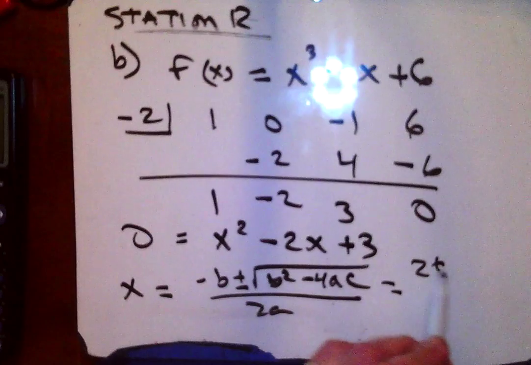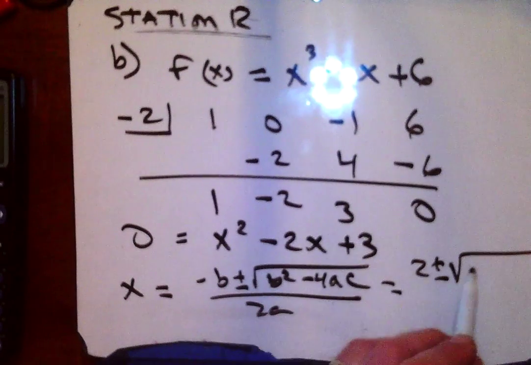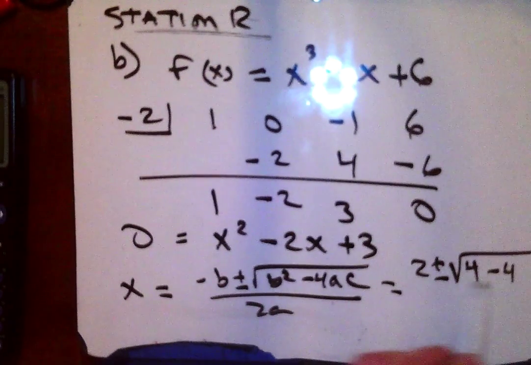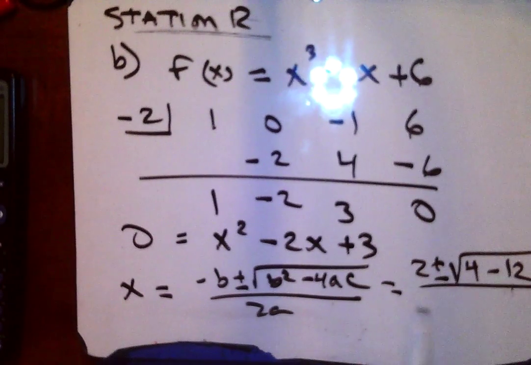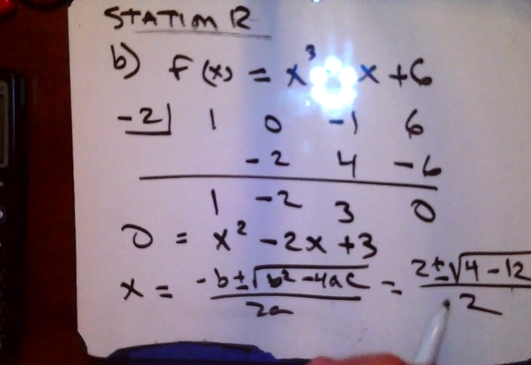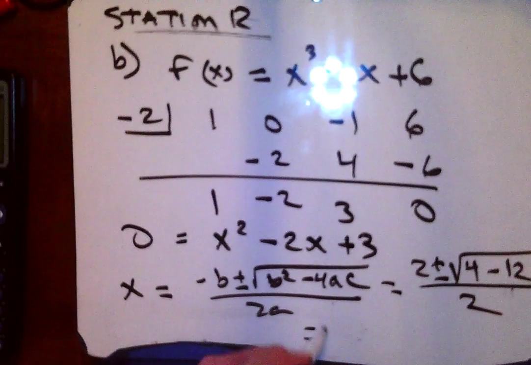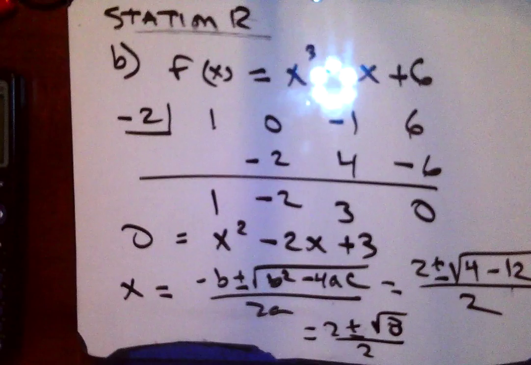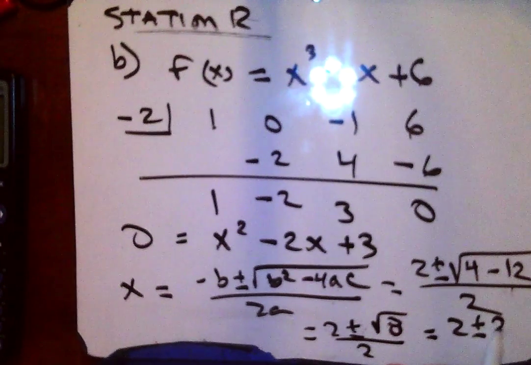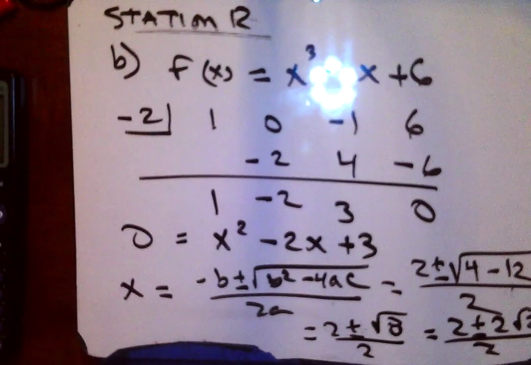So that's going to be 2 plus and minus square root of 2 squared is 4 minus 4 times 1 times 3. That's going to be minus 12 over 2 times 1 over 2. So now we're going to have 2 plus and minus square root of 8 over 2. Don't cancel those. 2 plus and minus 2 root 2 over 2.